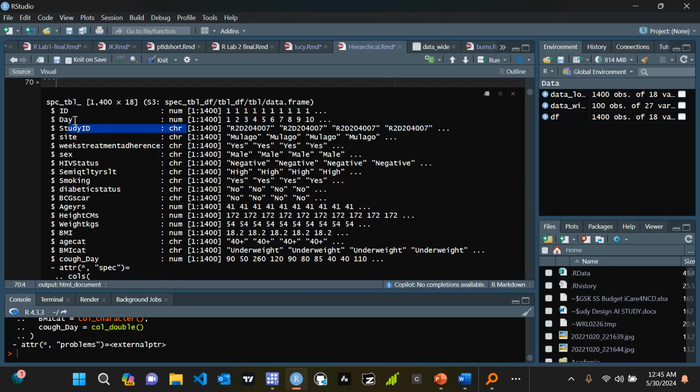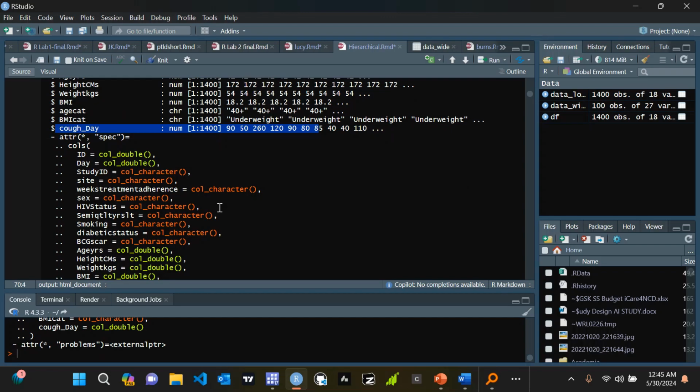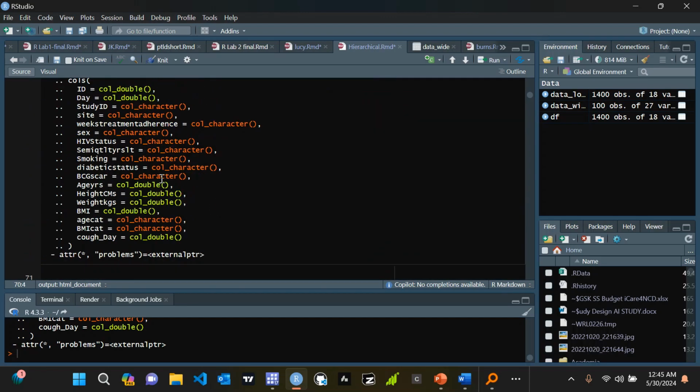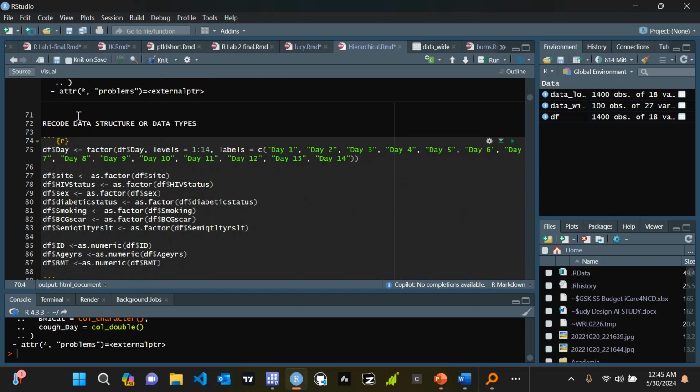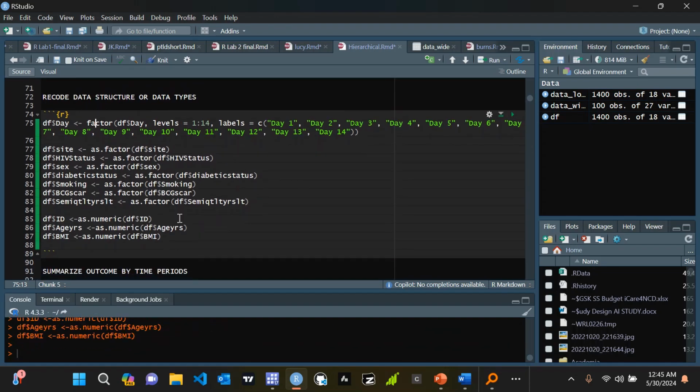Study ID is the same as ID. So study site, we have 2 sites. That's the cluster we have. And maybe the other thing is cough day, which is numeric. That's okay. So we can also see which one is a character, which one is a double, and things like that. So we are going to recode our data and rename the days from day 1 to 14 and make it a factor or categorical, and the rest of the data as numeric and categorical as deemed necessary.